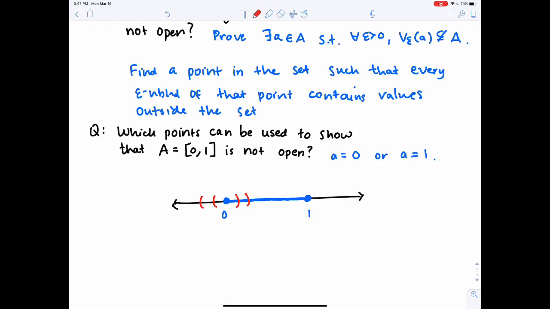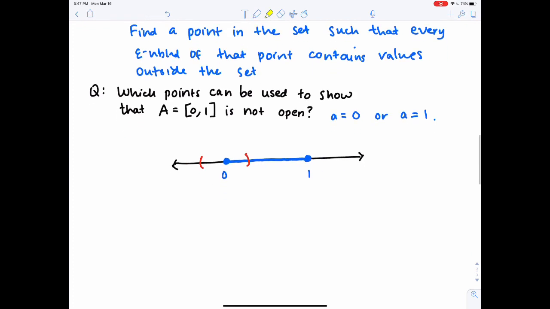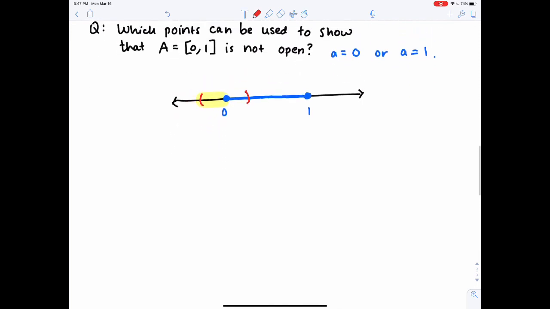Which part of this neighborhood is causing the problem? You should answer the left side, because notice that no matter how small you make this epsilon radius, you're always going to have points in the left half that aren't in this closed interval.